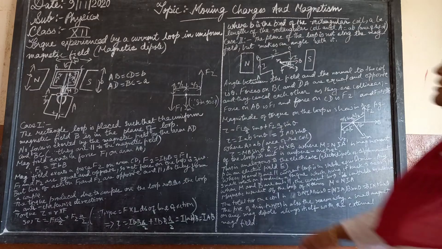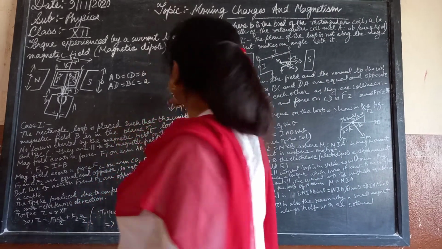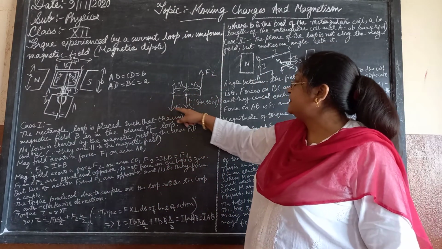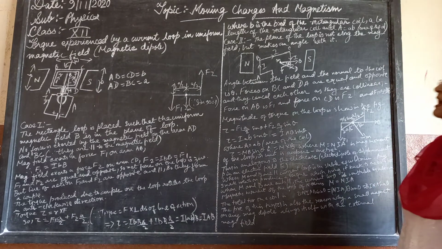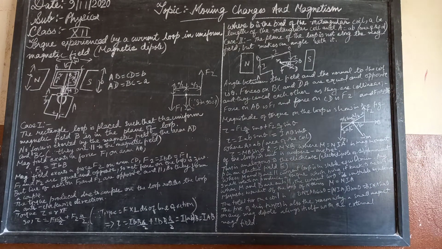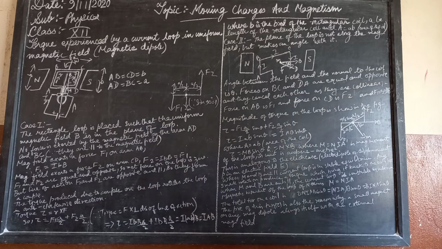Thus, this loop is rotating in the anti-clockwise direction, F1 moving like this and F2 moving like this. And sin 90 degrees equals 1. So we have this value as tau.